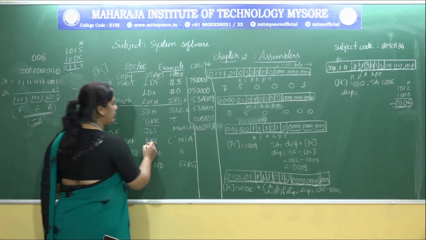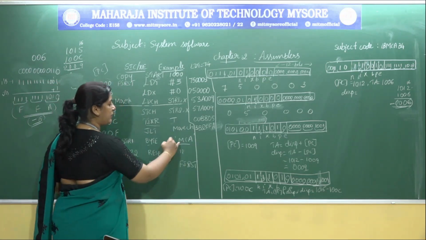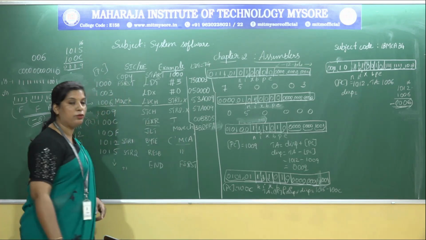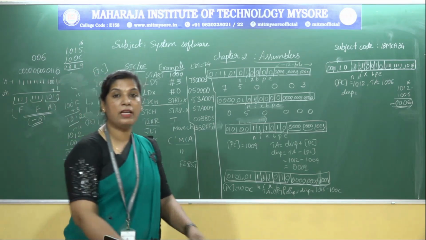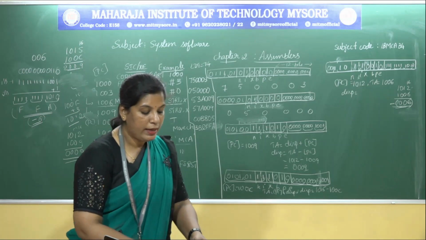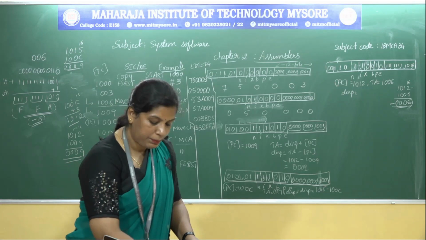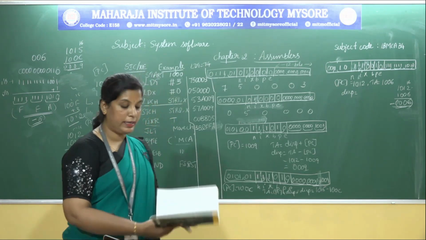For that BYTE, it has the character string MCA, so it has to get the ASCII value. For that ASCII value, we write its corresponding hexadecimal digits. You can find this on page number 475 in your textbook.